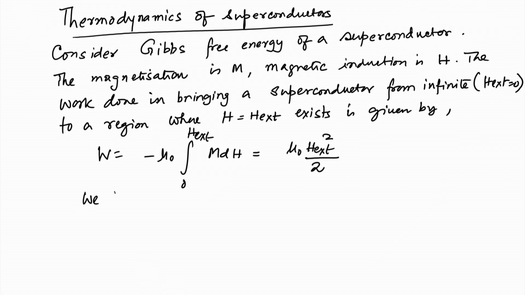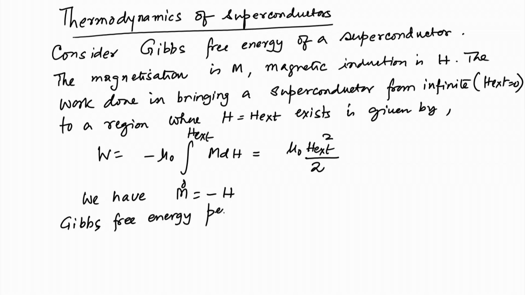So, we have M equal to minus H for a superconductor. So, let us write down the Gibbs free energy. Gibbs free energy per unit volume is given by small g.